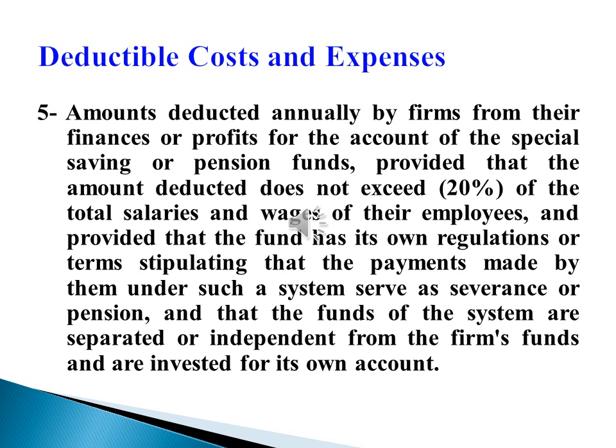Amounts deducted annually by firms from their finance or profit for the account of the special saving or pension funds, provided that the amount deducted does not exceed 20% of the total salaries and wages of their employees, and provided that the fund has its own regulations or terms stipulating that the payments made under such a system serve as a service or pension, and that the funds of the system are separated or independent from the firm's funds and are invested for its own account.